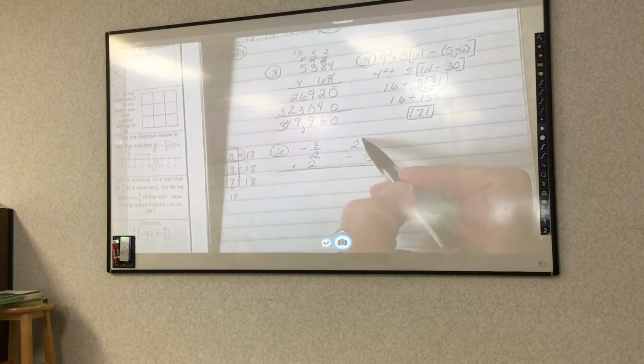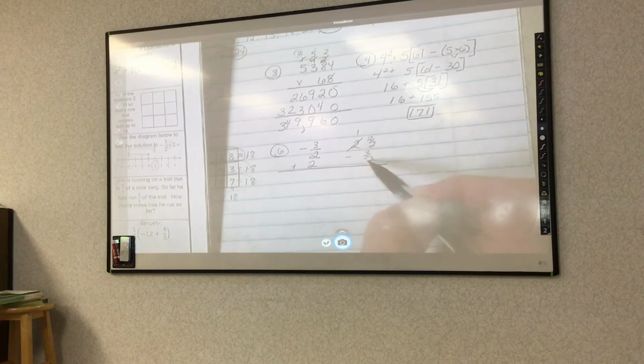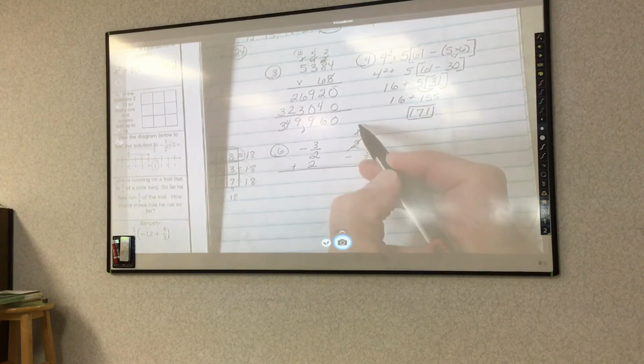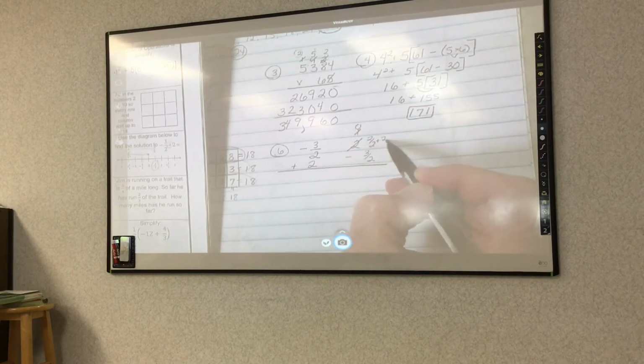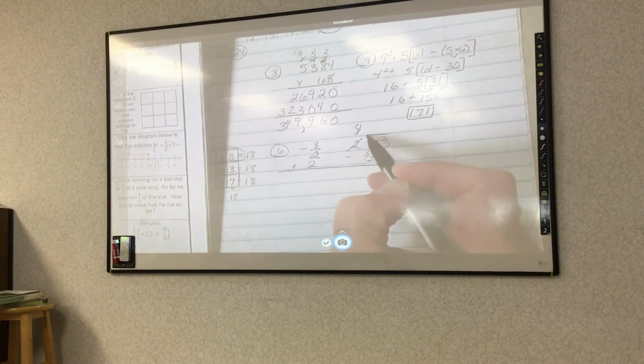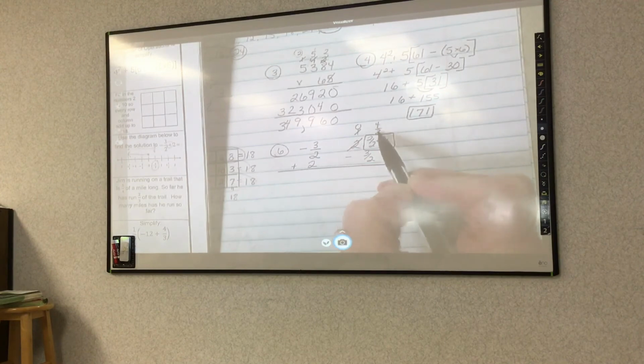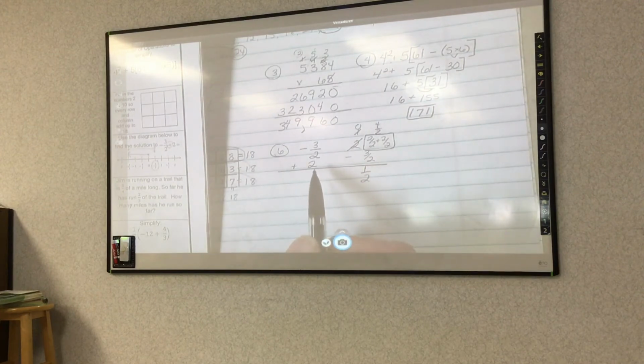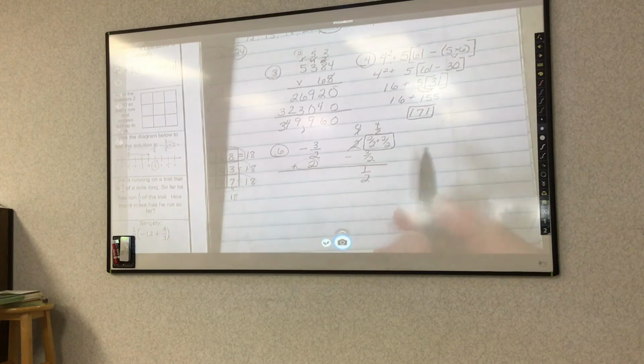Well, the 2 becomes a 1 and this becomes 2 halves. Still can't do that subtraction, so I've gotta borrow another whole. So I'm borrowing another 2 halves. I really like how everybody's writing this down. And that becomes 4 halves. Now 4 halves minus 3 halves is just 1 half. And then I take the sign of the bigger number. And the bigger number is 2. And the sign with the 2 is a positive, so it's just a positive 1 half.